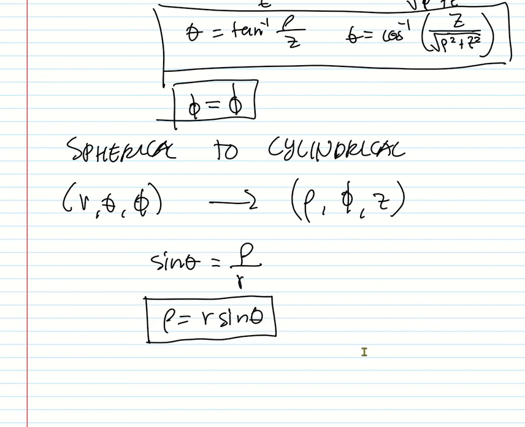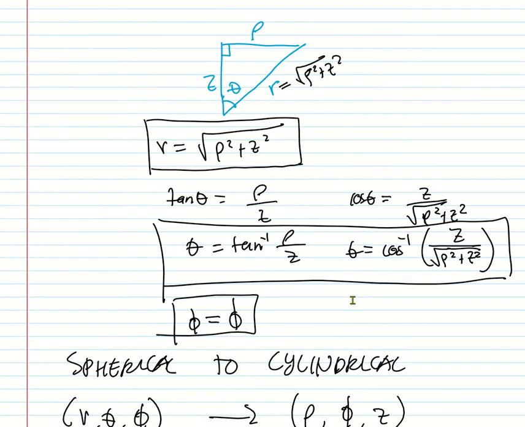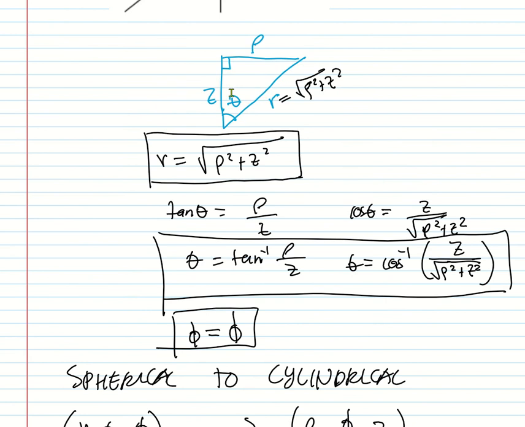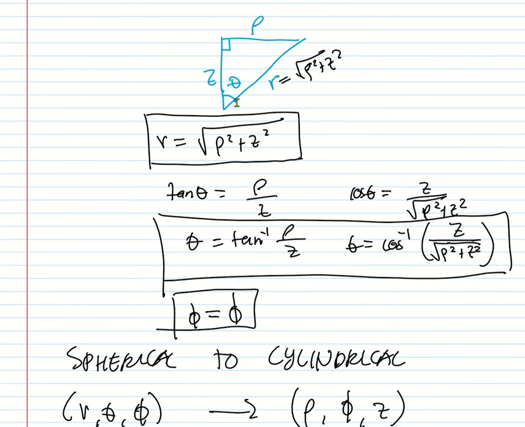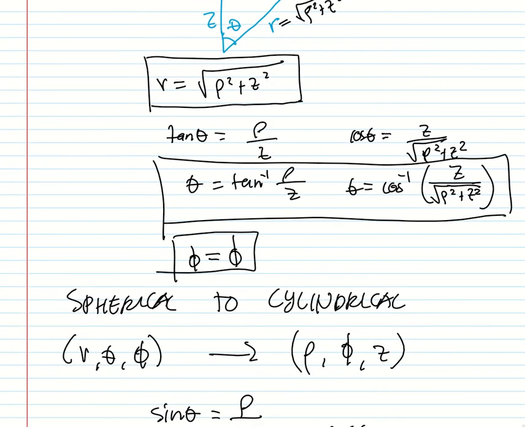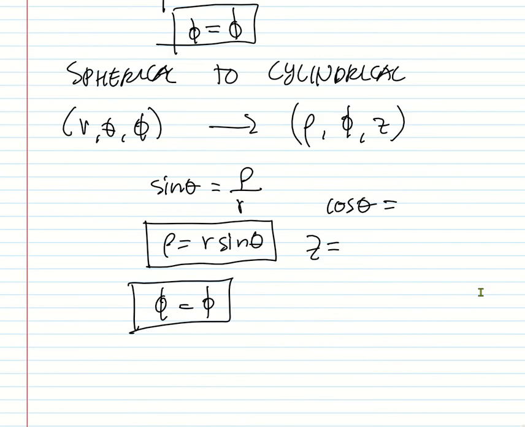Next, for phi, again, they're the same. Phi is equal to phi. If you do the vice versa, it's also the same. For z, let's go back to this triangle again. Z is the adjacent side, and r is the hypotenuse. So adjacent and hypotenuse, that should be cosine. So cosine of theta is equal to the adjacent side, z, divided by the hypotenuse, r.